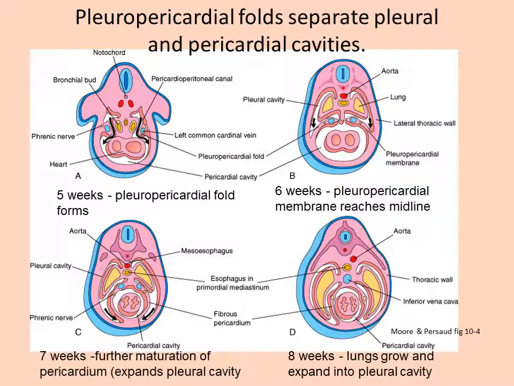So these are the various stages in the developing pleural cavities, how the pericardio-peritoneal canals are obliterated by the formation of certain types of folds, and ultimately they form the pleural cavity.